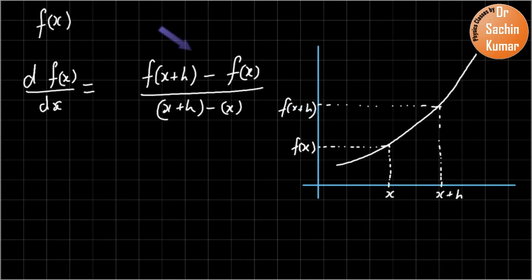Now what is this quantity f(x plus h) minus f(x)? From some basics of geometry we can understand that this is the quantity f(x plus h) minus f(x), and the denominator is this quantity x plus h minus x. Their ratio is the ratio of this side divided by this side.